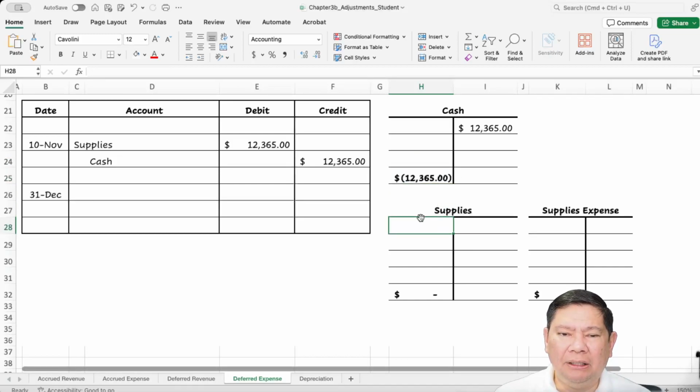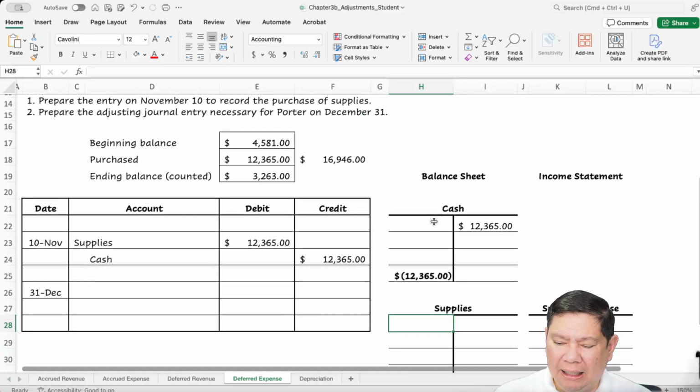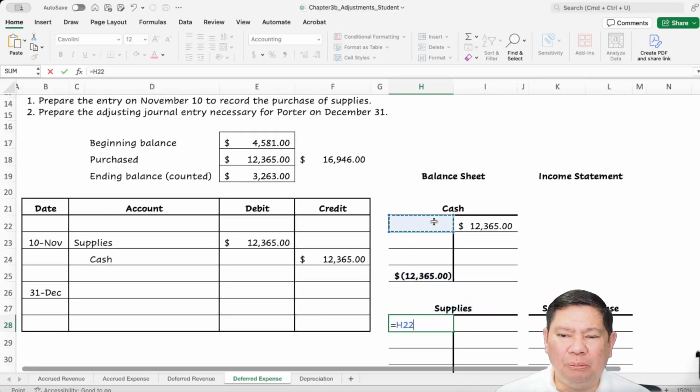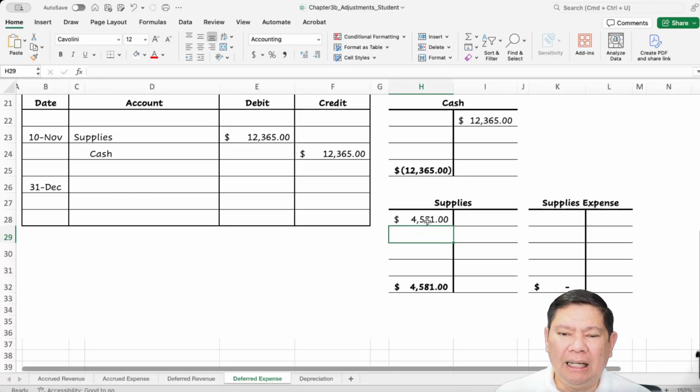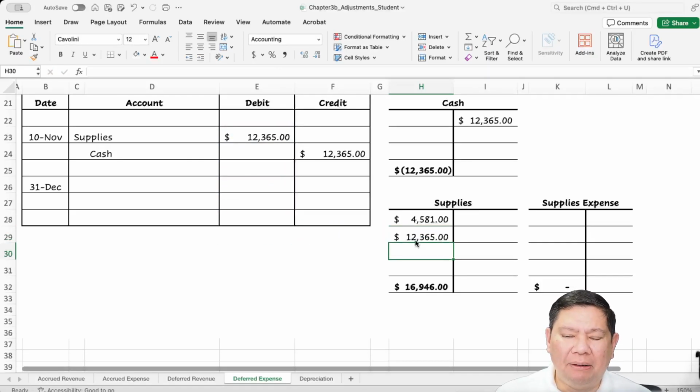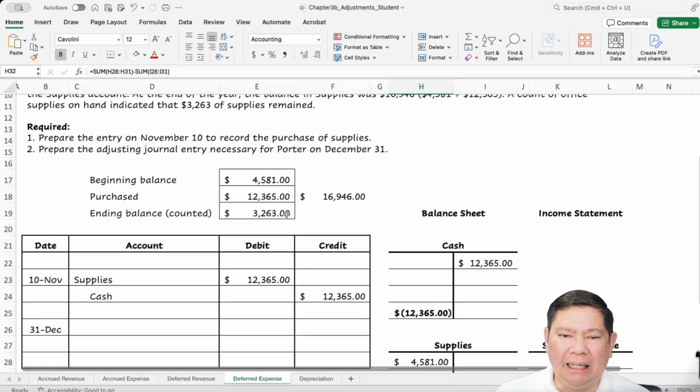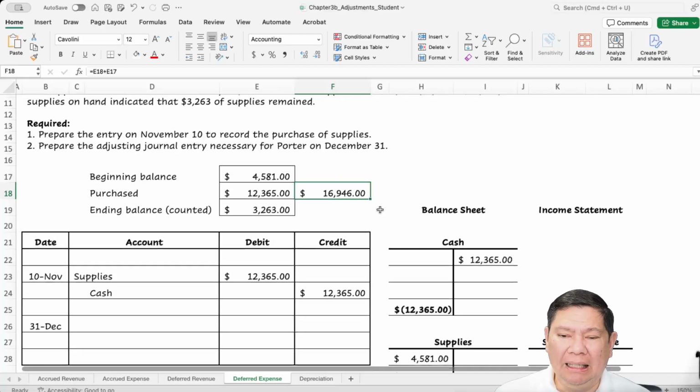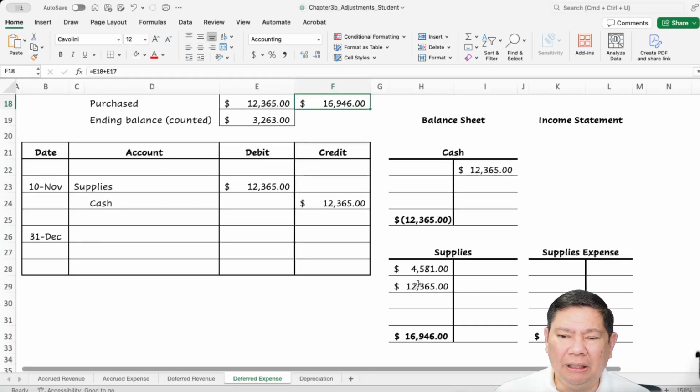Our supplies goes up, and we start with the beginning supplies of $4,581. So that's the beginning supplies. And then we purchase $12,365. So the total should be $16,946, the same as that one, right? So that's the total supplies.